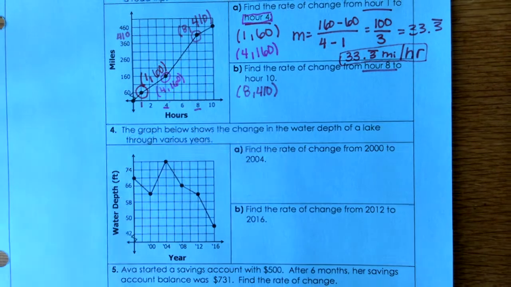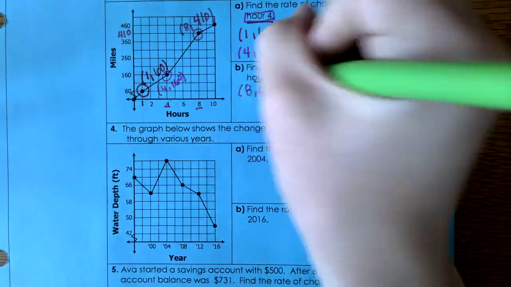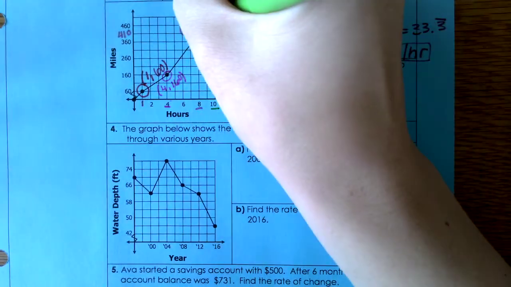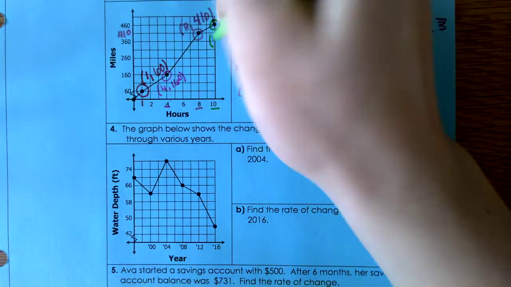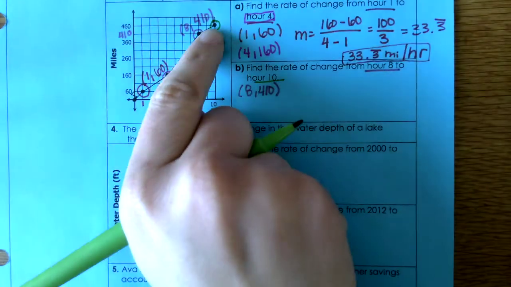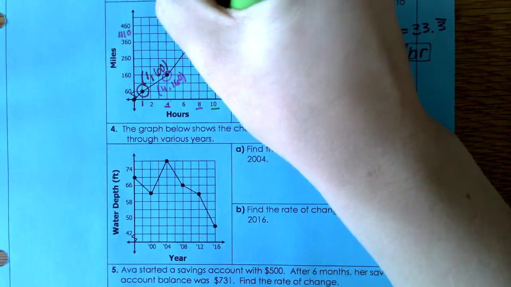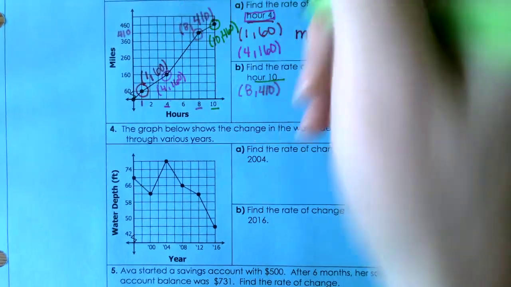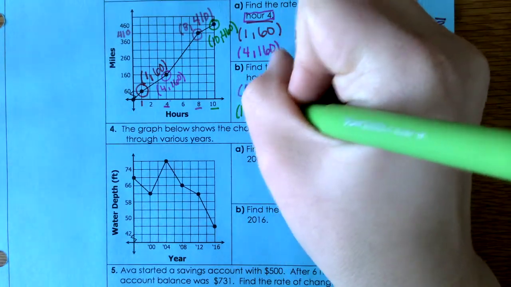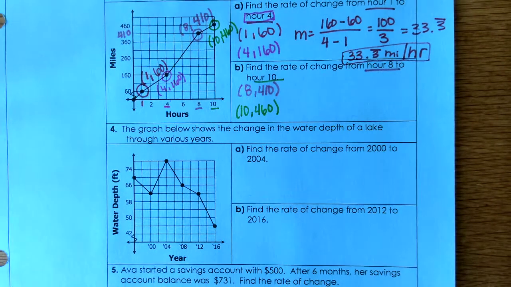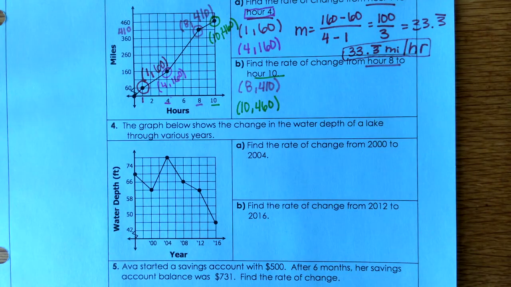And then I need to know what it is for 10 hours. So for hour 10, I'm right here. For 10 hours, I am going to have 10, comma, and then I go over, and that's at 460 right there. So I have 10, comma, 460. Okay, and then I'm going to use my slope formula now.